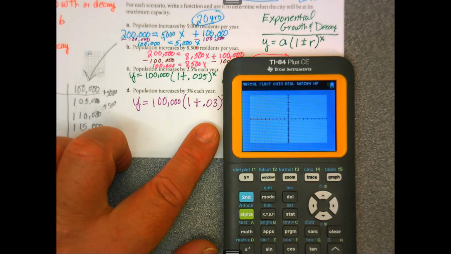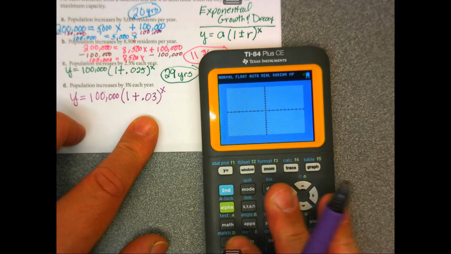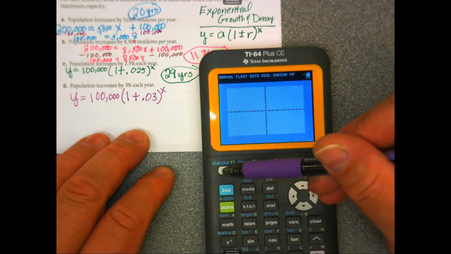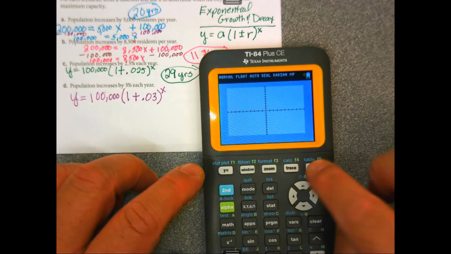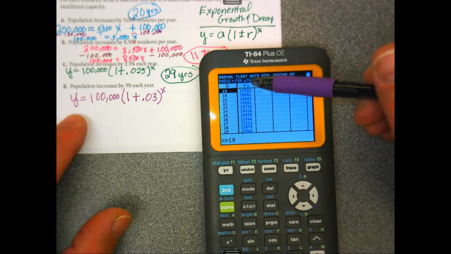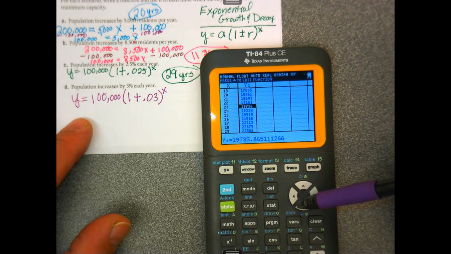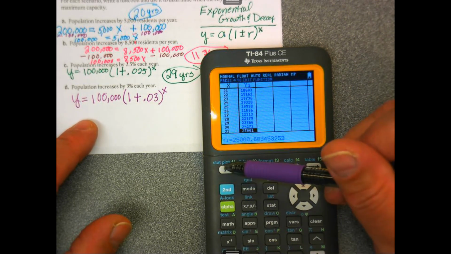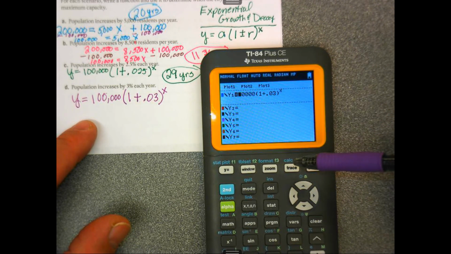Don't really care what my graph looks like. I want the table. Second graph brings up my table. And I want it when my Y value is 200,000 at least. Oops, didn't put enough zeros in.